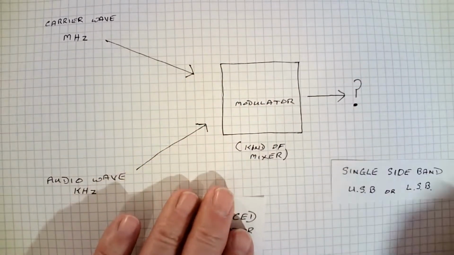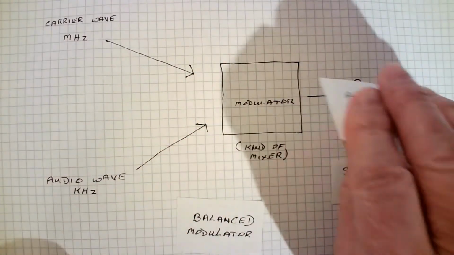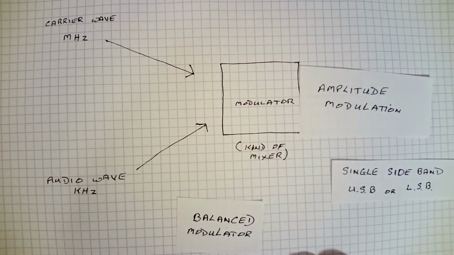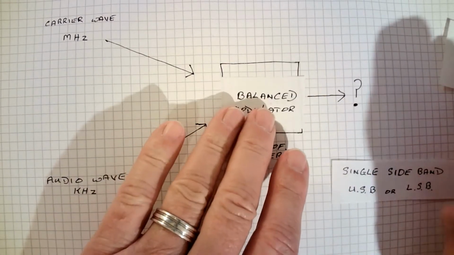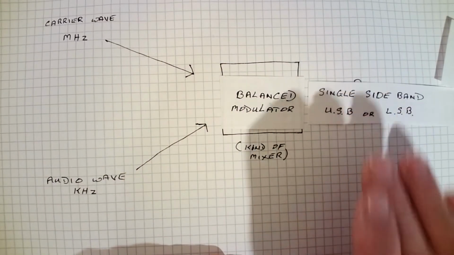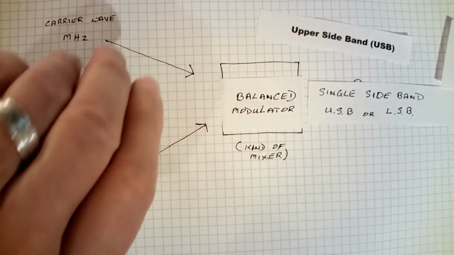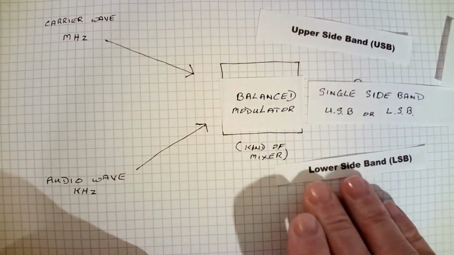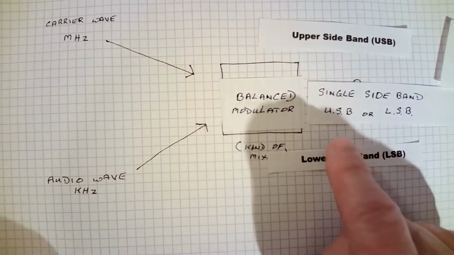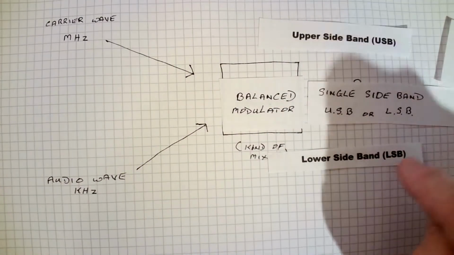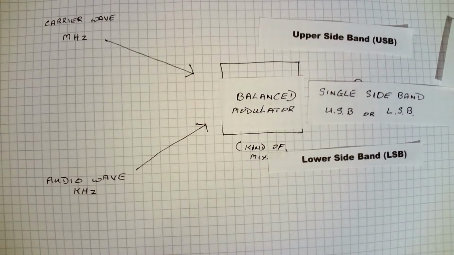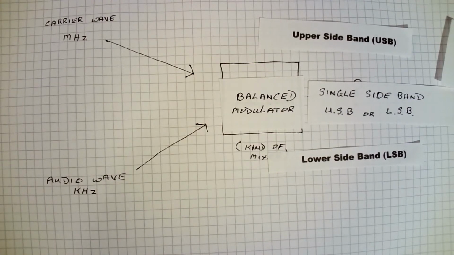So, in a modulator, out comes amplitude modulation. In a balanced modulator, out comes single sideband, either upper sideband or lower sideband. And there'll be no carrier wave with a sideband signal because the carrier wave has been suppressed or removed.